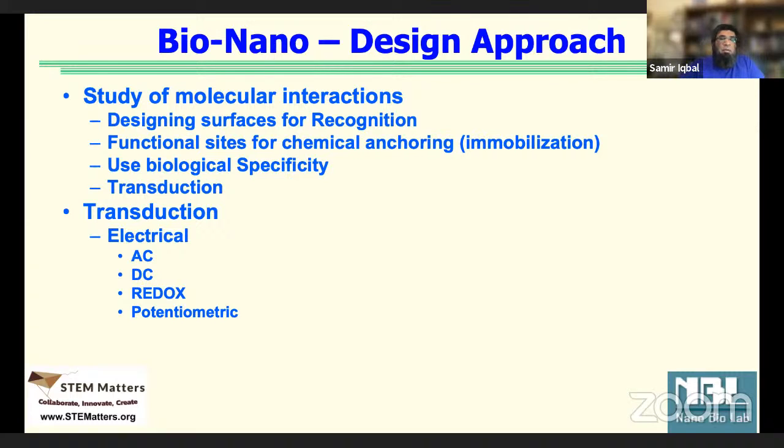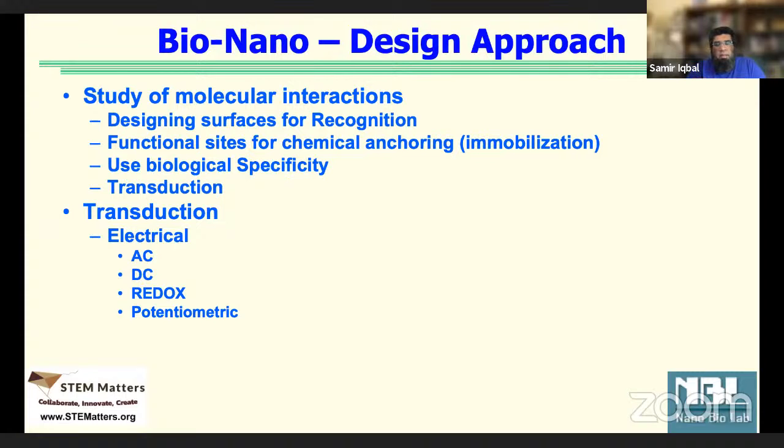DC, the simple thing about DC is Ohm's law. Crank the voltage, measure the current, right? If that changes because the resistance is changing, that would tell us that something has changed in that setup, whatever we're using. Now, redox, again, the reduction and oxidation. So loss of electron is oxidation, right? So it's going to give out an electron.